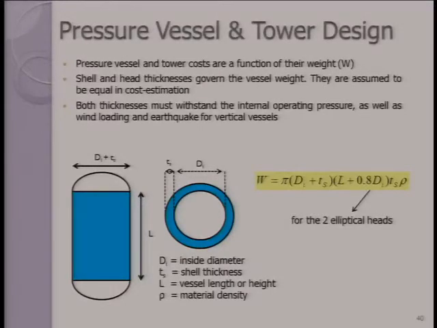So basically, if this is the cross-sectional area, if this is the shell thickness, if this is Di, the internal diameter, and this is the shell thickness, the weight can be calculated from the following.